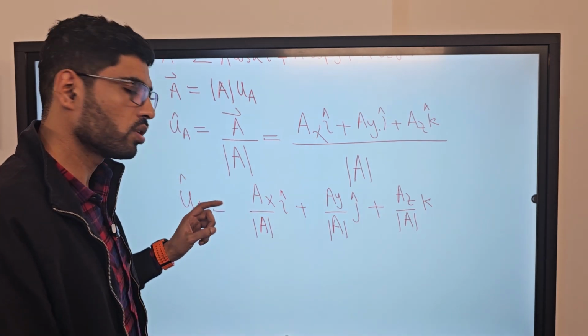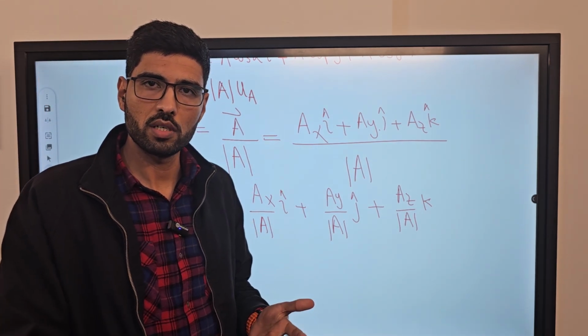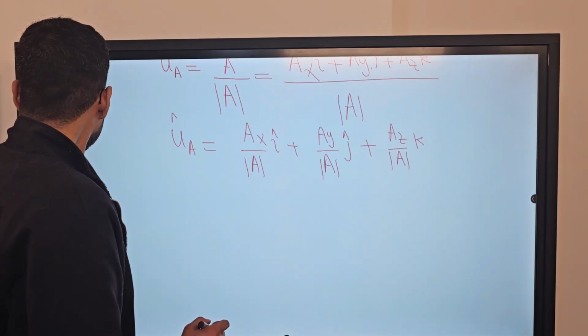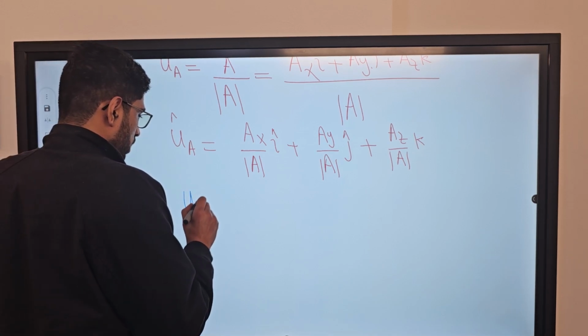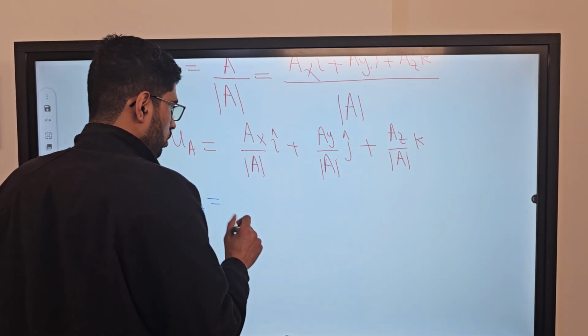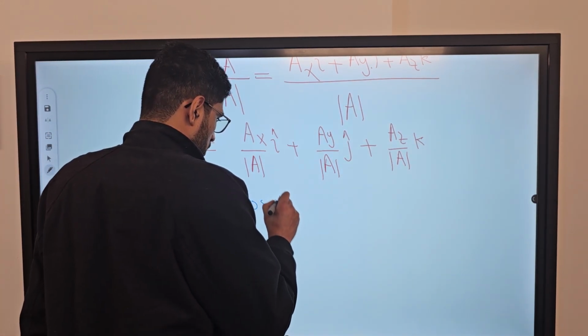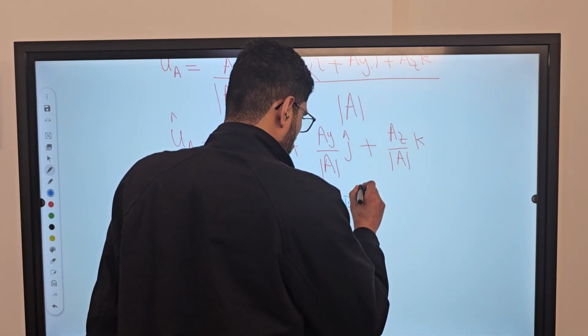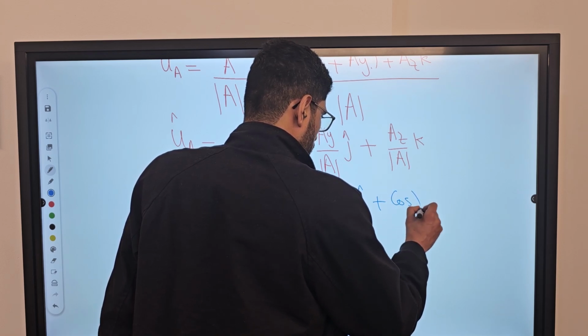And in terms of the direction cosine angles alpha, beta and gamma, as we have discussed, the unit vector a is also equal to cos of alpha i plus cos of beta j plus cos of gamma k.